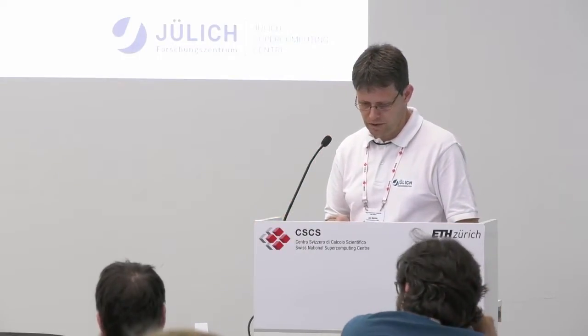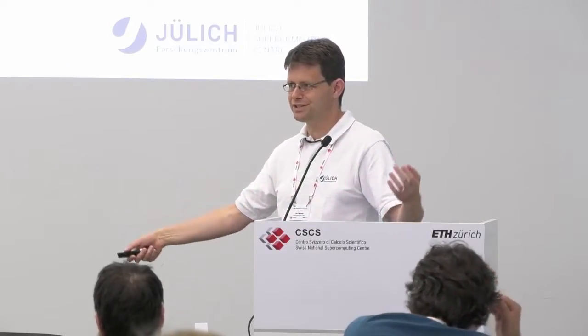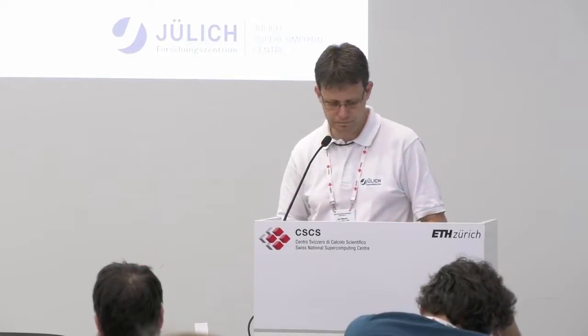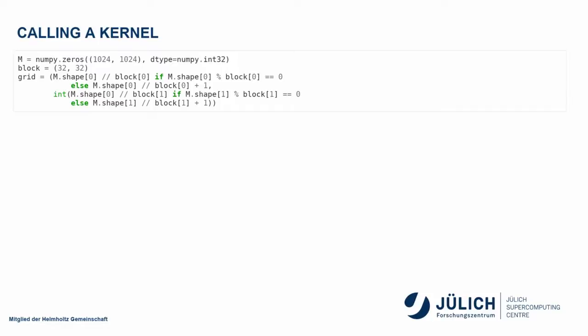So how do I actually call it? I have to somehow tell it about all these thread blocks and grids, and how do I do that? First of all, I have to figure out what block and grid size I want to use. So here I'm using an example with a 1024 by 1024 Mandelbrot set.